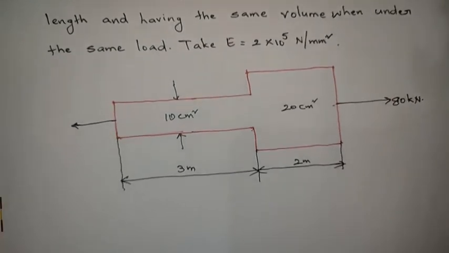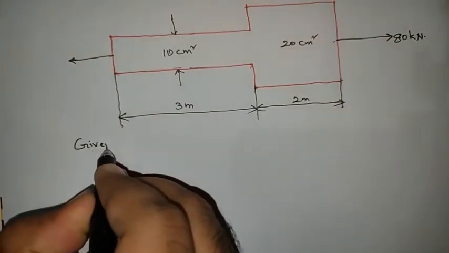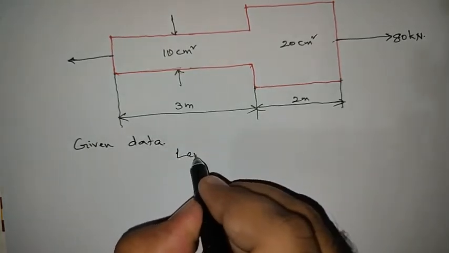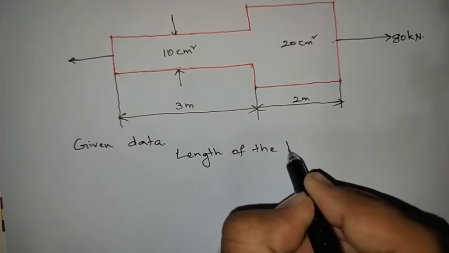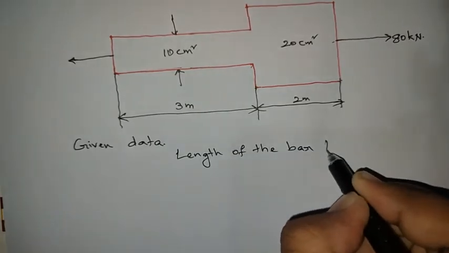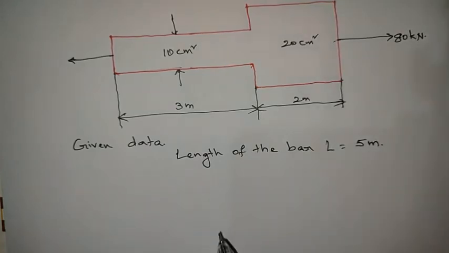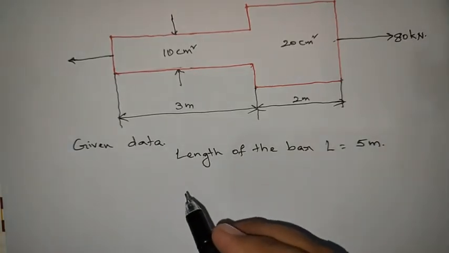So first write the given data. What is the given data? The length of the bar is given. Length of the bar L is equal to 5 meters. And next, the cross-sectional area of the first portion.